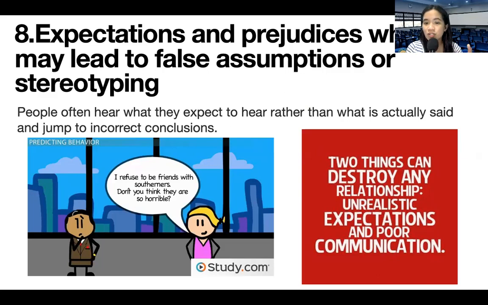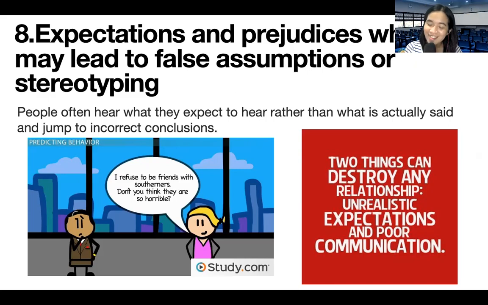Okay, and also prejudice when you stereotype. So you don't talk to that person because you find that, okay, that person is of the same race, I don't like them. If you do that and that person is trying to talk to you, then of course it can be a barrier, right? Because you will not get the message, and then it turns out at the end of the road that that person is your teacher.